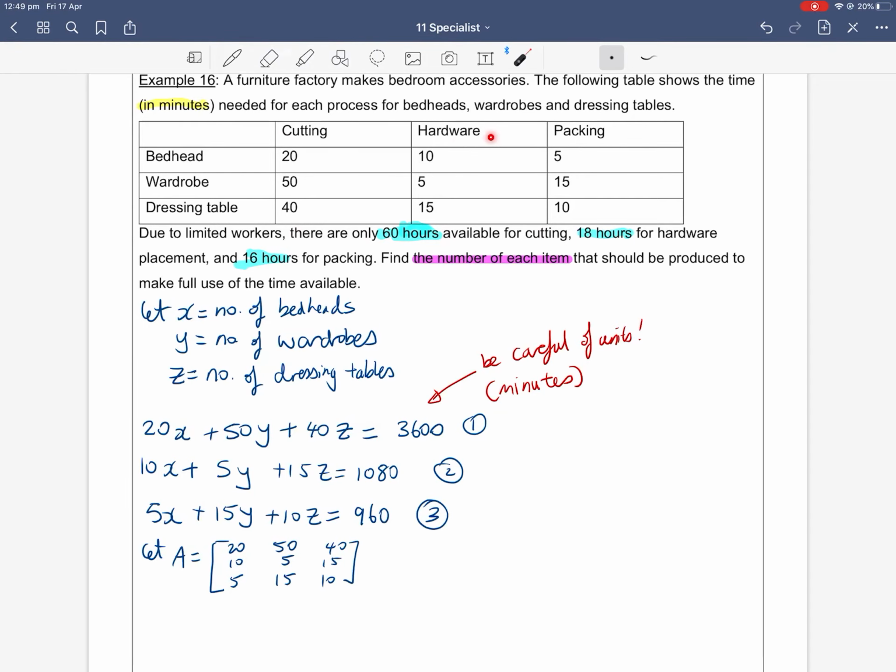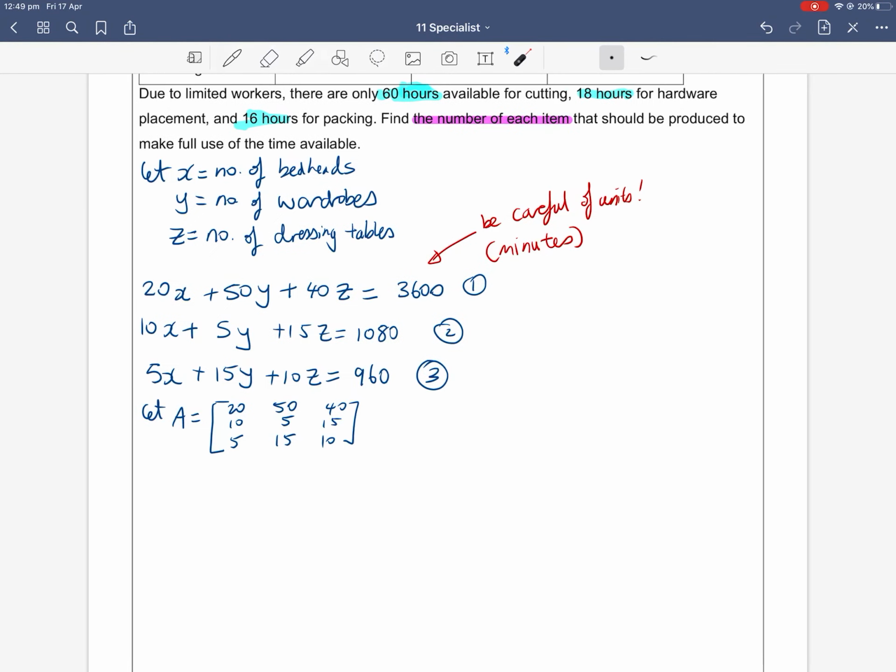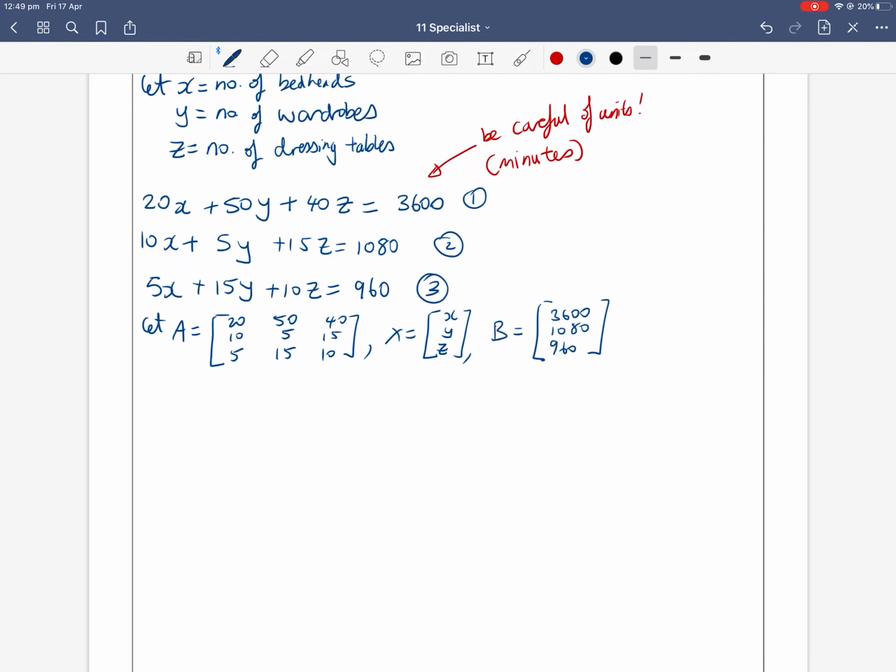Going down, it's not 20, 50, 40. Instead, it's 20, 10, and 5. So just because you're given a table does not imply that is the matrix itself. So just be very careful. Make sure you read the questions first. X is my column matrix of unknowns, and B is my column matrix of the constant values in my equation.